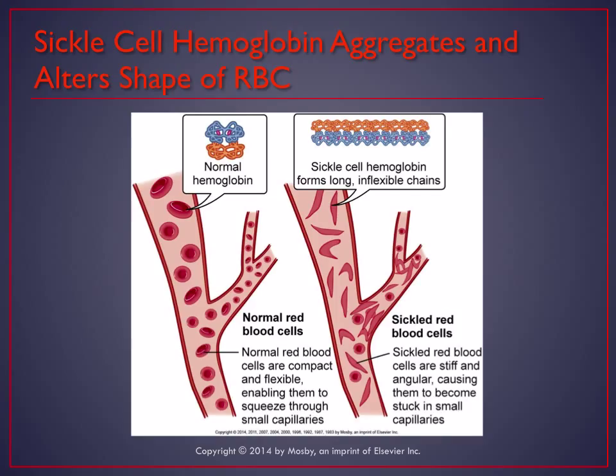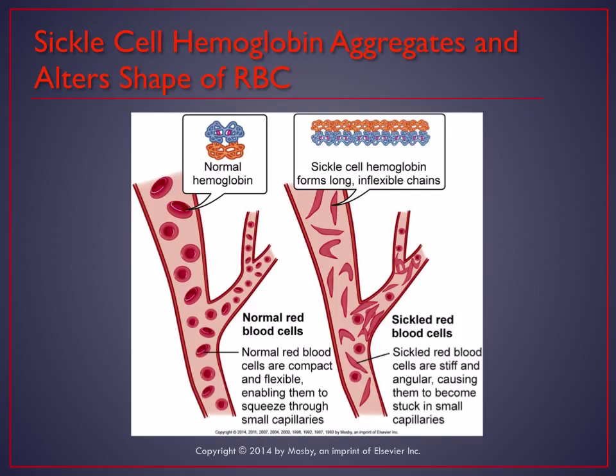So you see a normal hemoglobin and a sickle cell hemoglobin. So normal red blood cells are compact, flexible, and they are enabled to squeeze through small capillaries. And when they are sickle red blood cells, they are stiff and angular, and they become stuck in small capillaries.